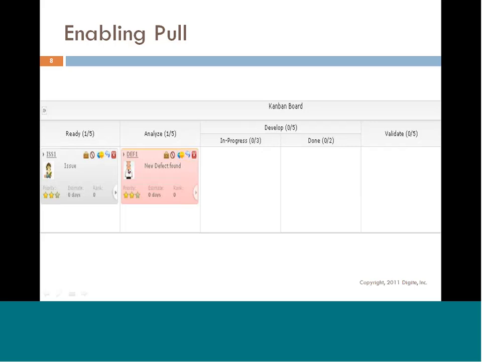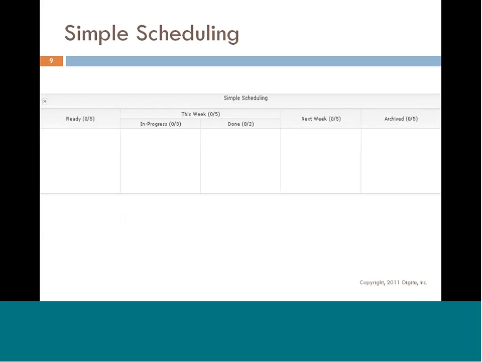As you mature as a team, you can enable pull in all of these workflow steps rather than just one particular step. In a simple environment, you may also build a Kanban board which represents any task at hand for, say, this particular week, what you are going to do next week, and how many you've already completed and deployed.